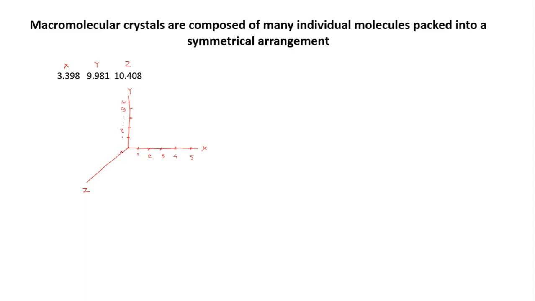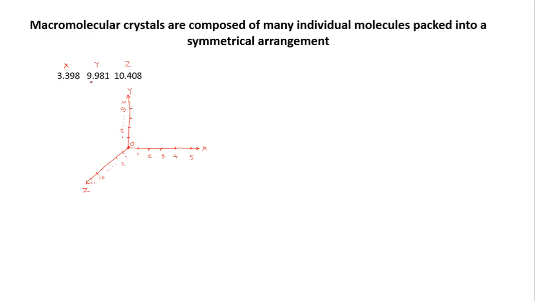And the z-axis also might have a certain scale, 1, 2, 10, 11, and so on and so forth. So these are the three axes of your coordinate system, what we call the Cartesian coordinate system, which has an origin at 0. We call it the origin.